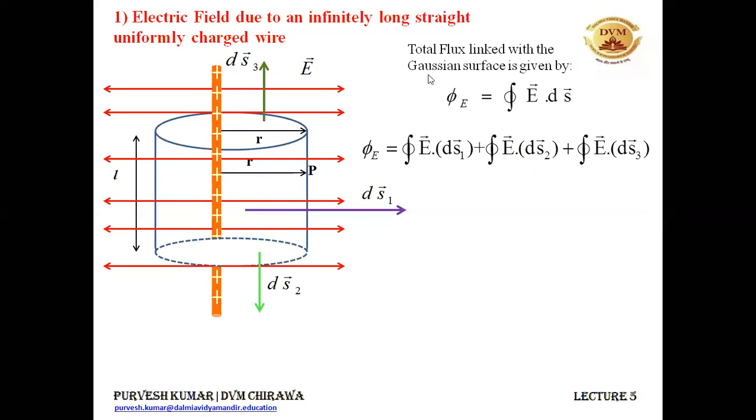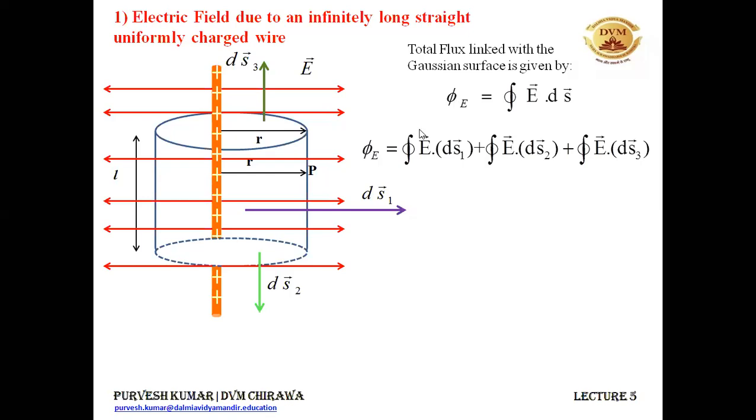I have split this ds vector into three area vectors because the Gaussian surface had three surfaces, one top, one bottom, and one middle. So from three surfaces, we have found three area vectors.